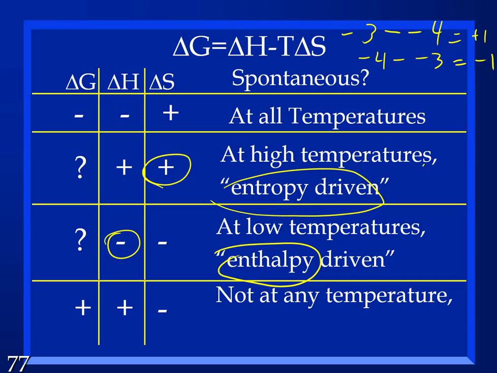Actually, it's worse than that. What you wrote is going to happen exactly backwards. Those products that you wrote will turn back into the reactants. If you have any of those products, they're not going to be there. They're going to turn back into the reactants, because if it's positive this way, it's got to be negative that way.